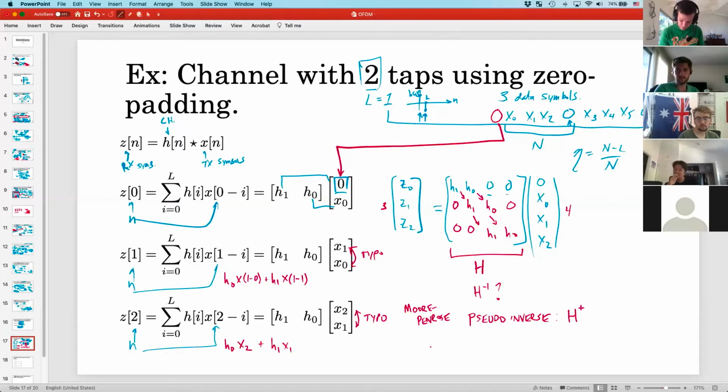So if we do something like H pseudo-inverse times H, we are not going to get the identity matrix times the X vector is H pseudo-inverse times the Z vector. But what we will get is something on the left-hand side that has, in some sense, the minimum mean squared error between the result here and the X vector over here.